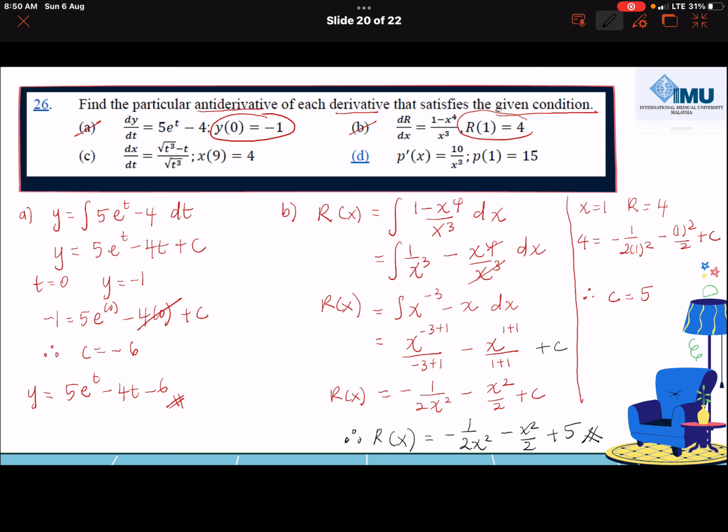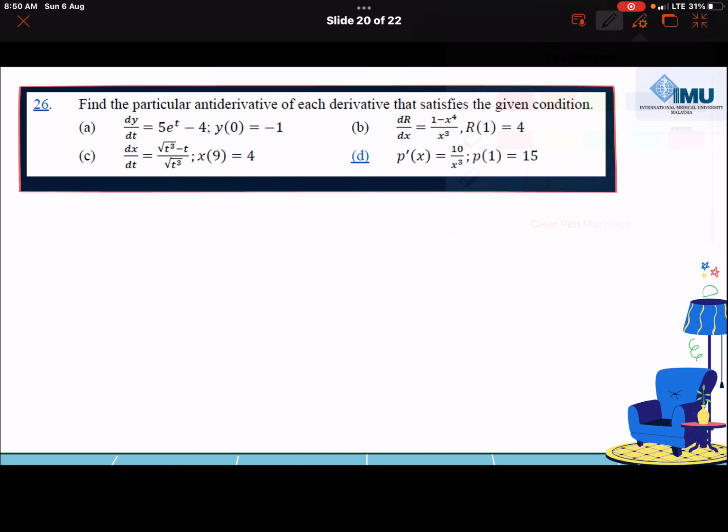Now let's erase all of these and proceed to find C and D. Now C, find the antiderivative of dx over dt. So you will have x(t) equals the integration of t to the power of 3 over 2 minus t over the same thing, t to the power of 3 over 2, dt, because you have the square root of t cubed, so I'm going to change into indices.